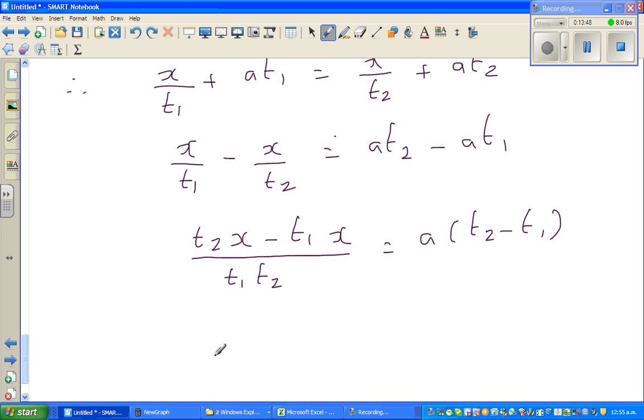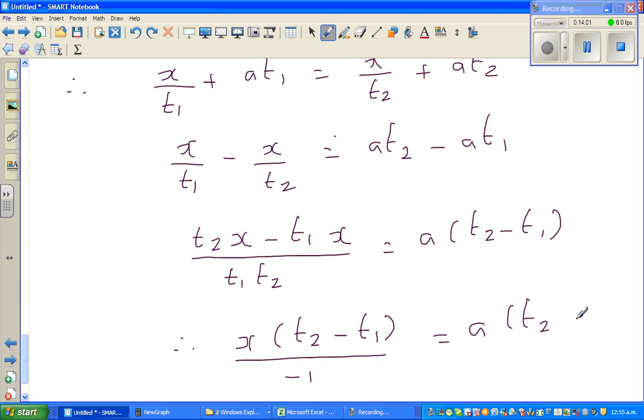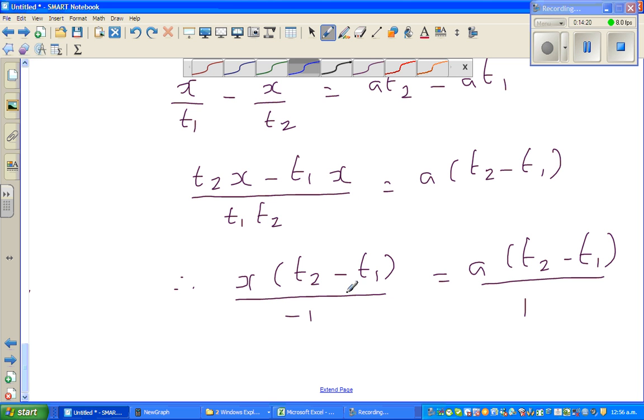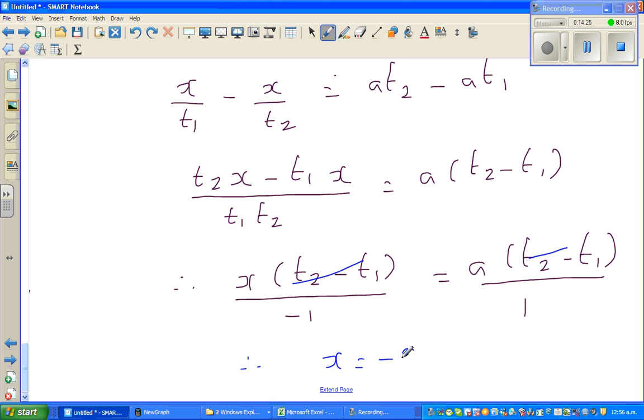So can I write x times t2 minus t1 over -1 is equal to a times t2 minus t1? You have t2 minus t1 on both sides, so you can cancel t2 minus t1. Therefore, I can say x is equal to -a.